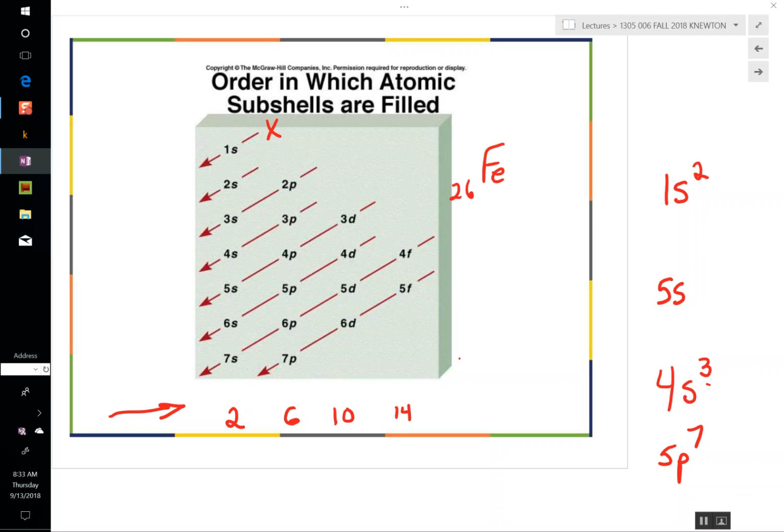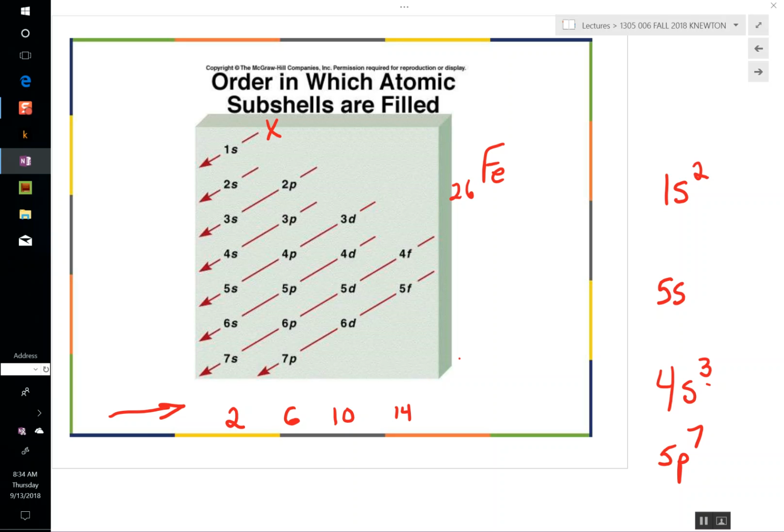That's 4, 6 is 10, 12, and this 6 makes 18. Krypton, 36. We're starting to get bigger numbers. 1s2, 2s2, 2p6. You can follow it right along on that chart. 3s2, 3p6, 4s2, 3d10, 4p6. There's 10, 12, 18, 20, 36.